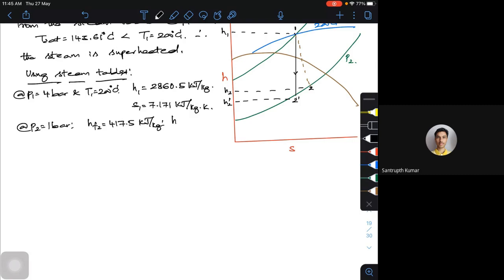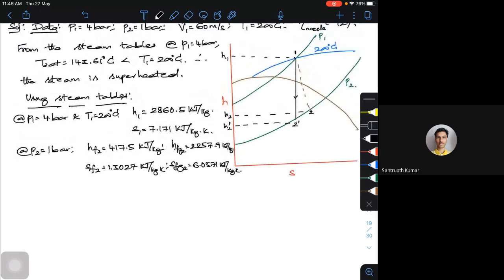If I'm using Hfg2, Hfg2 is actually 2257.9 kilojoules per kg. Then Sf2 is equal to 1.3027 kilojoules per kg Kelvin, and Sfg2 is equal to 6.0571 kilojoules per kg Kelvin. So this is the value I got.